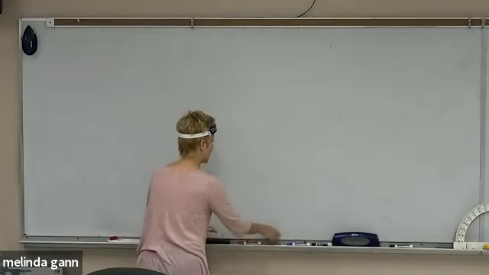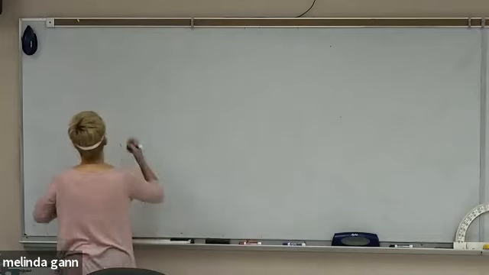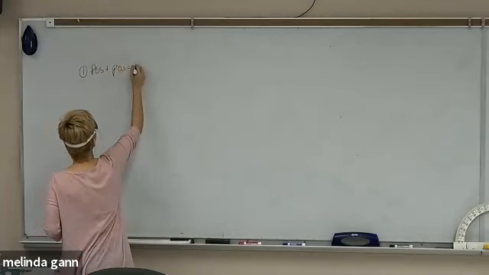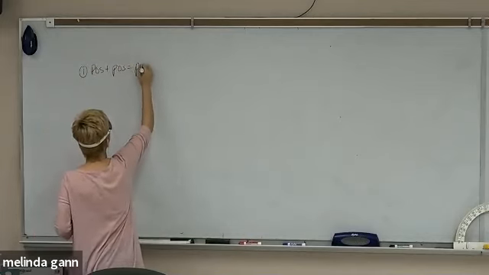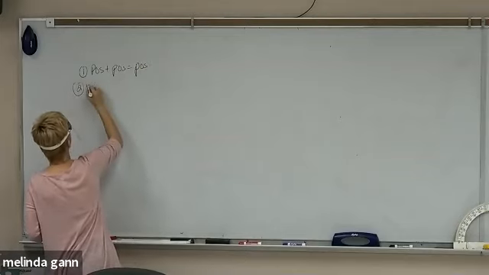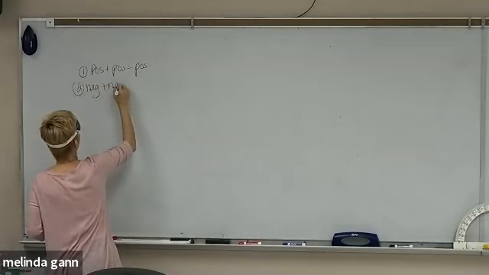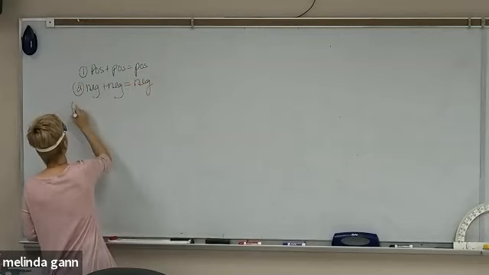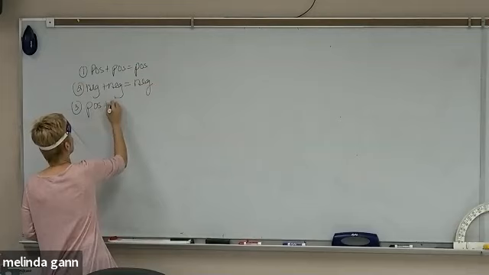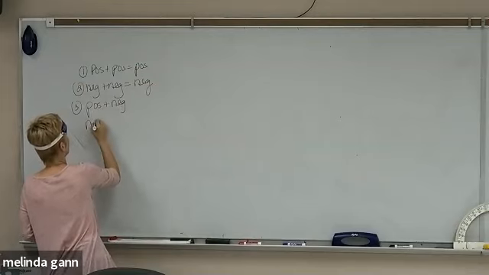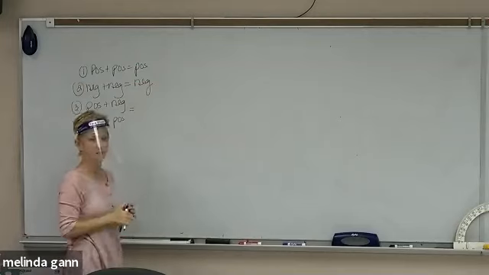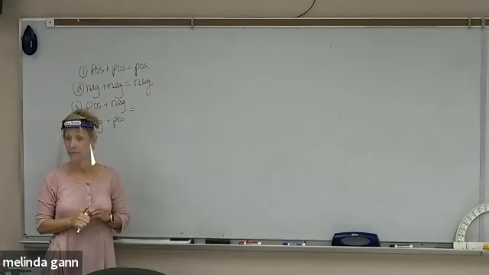All right, here's the rules we have so far. We know that a positive plus a positive is a what? Positive. And then we know that a negative plus a negative is a what? Negative. Now, what if you're adding one of these? So it can be a positive plus a negative, or it can be a negative plus a positive. Now, in that video that you had to watch, they wrote the rule down, didn't they?